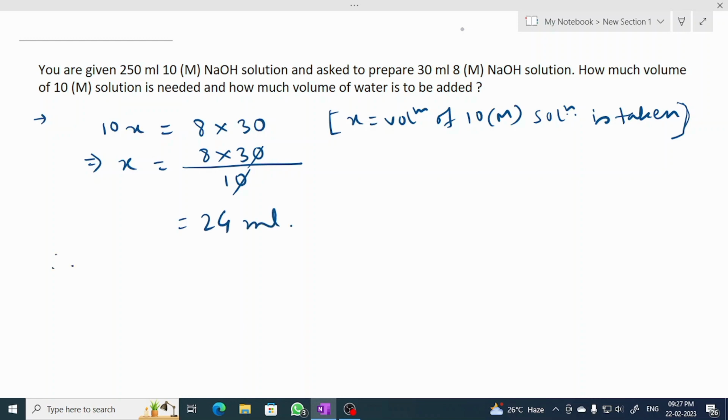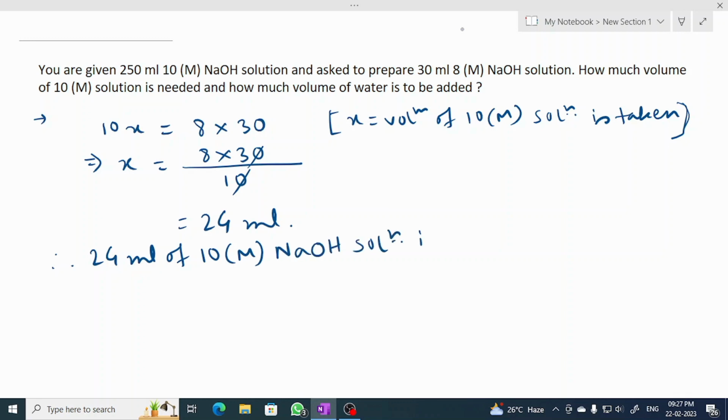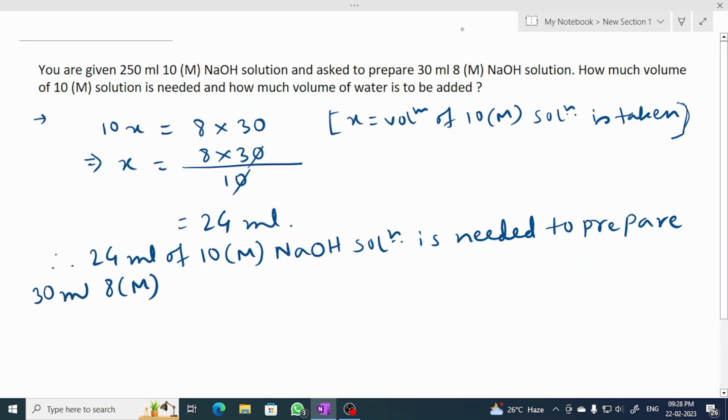So we can find that 24 ml of 10 molar NaOH solution is needed to prepare 30 ml 8 molar NaOH solution.